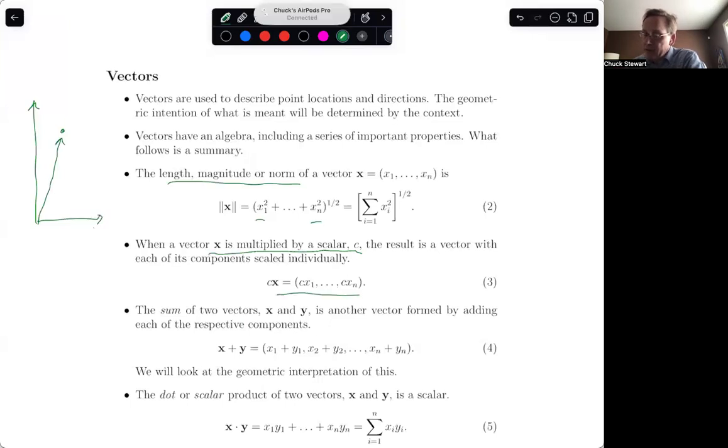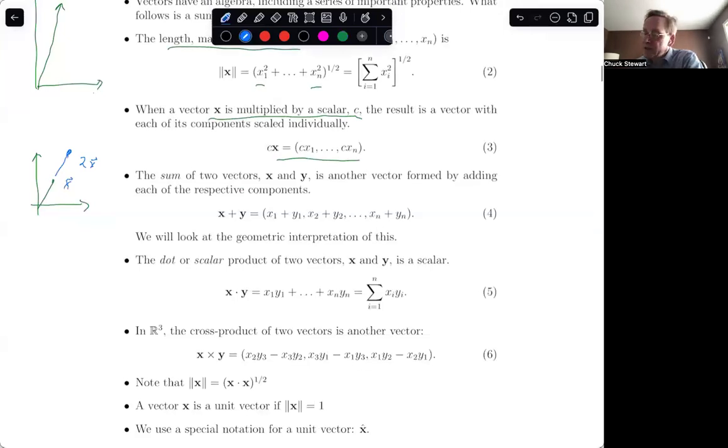And so, for example, if this is a vector and we multiply it by 2, the effect is to scale it up by 2. And so there's a geometric intuition as well as an algebraic intuition, and that will be standard throughout.